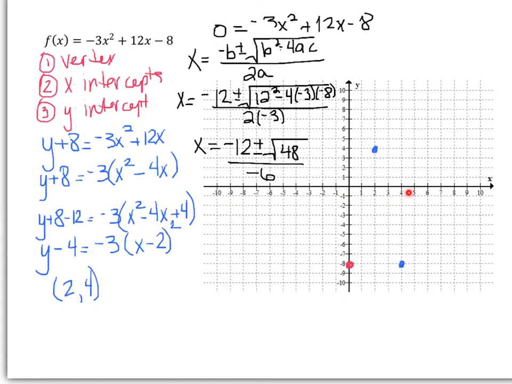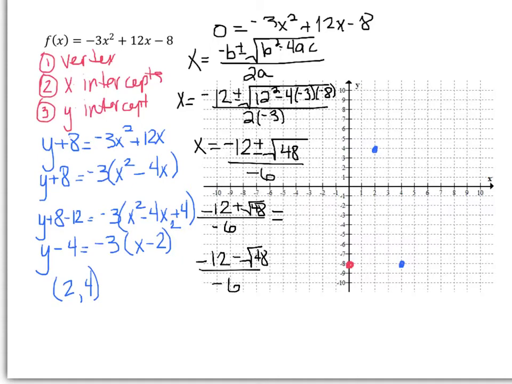So I will put into the calculator negative 12 plus the square root of 48 over 6, and then negative 12 minus the square root of 48 over negative 6. This 6 should also be negative. So I'll put both of those into the calculator, and it will give me my two intercepts.